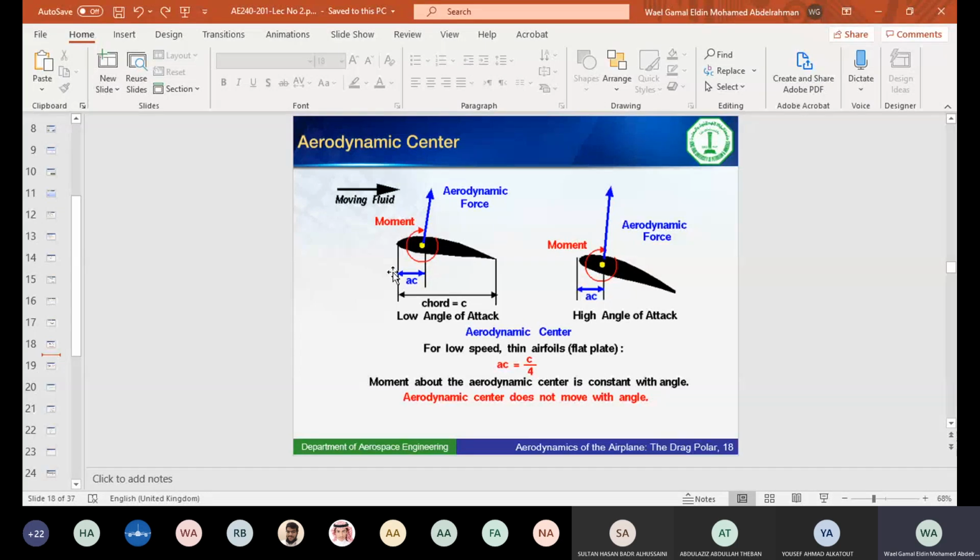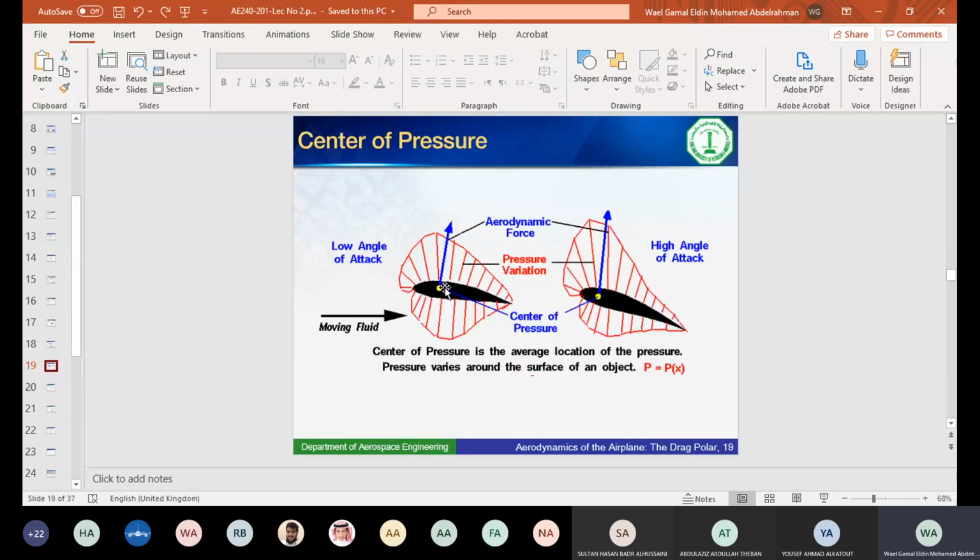Typically, the aerodynamic center occurs at the quarter of the chord. So that's where the aerodynamic center lies, and the moment does not change with that angle. Whereas the center of pressure is the point, as Sultan and Abdulaziz mentioned together, where the resultant of the pressure distribution acts. Okay, it's not only the lift, it's the resultant force, which can be resolved to lift as well as drag.